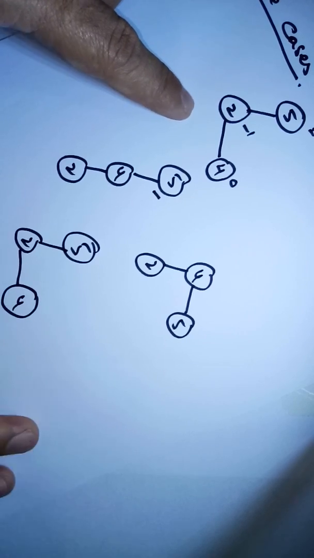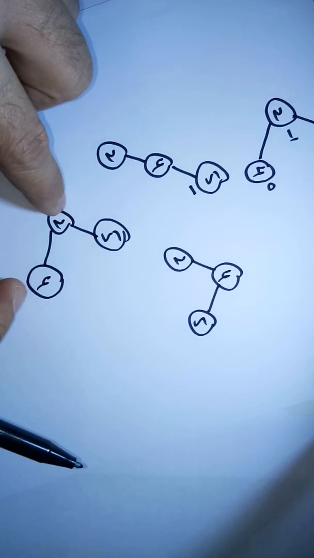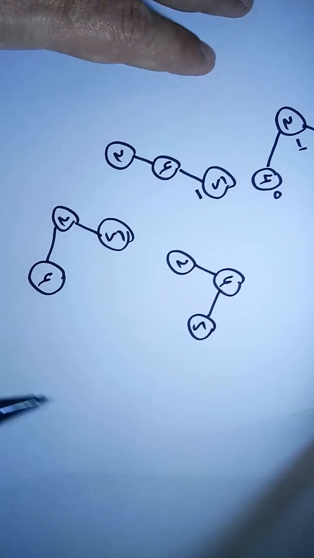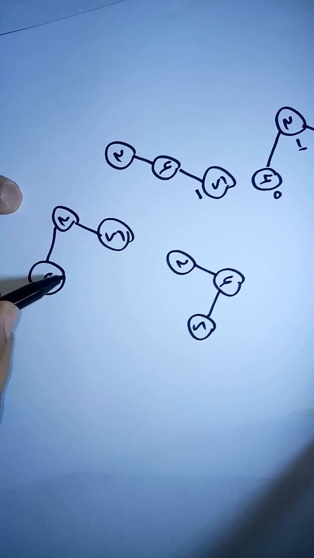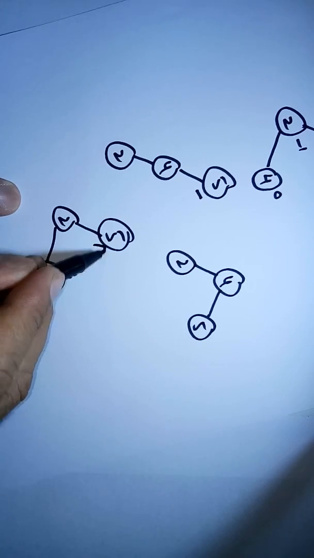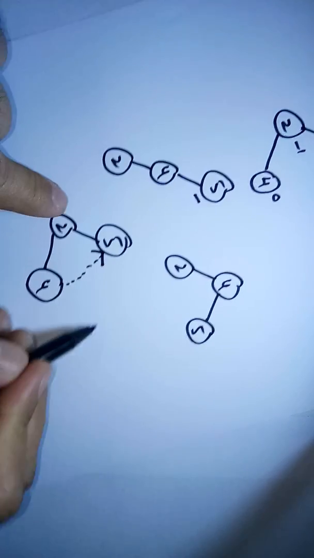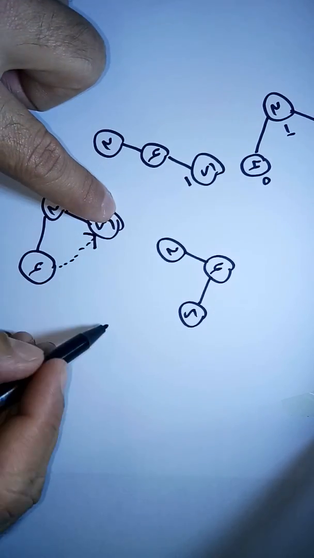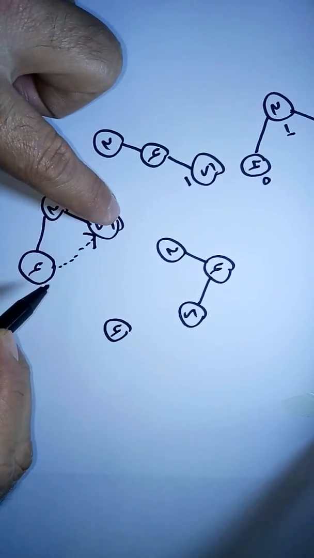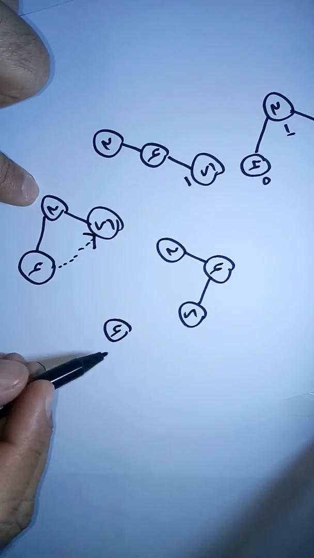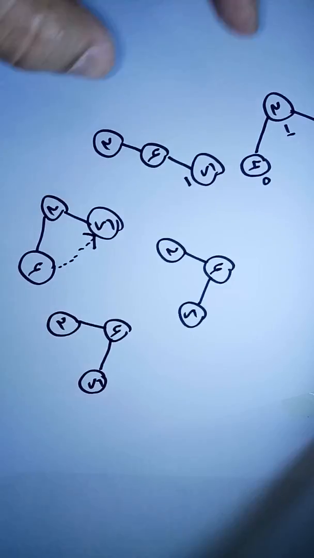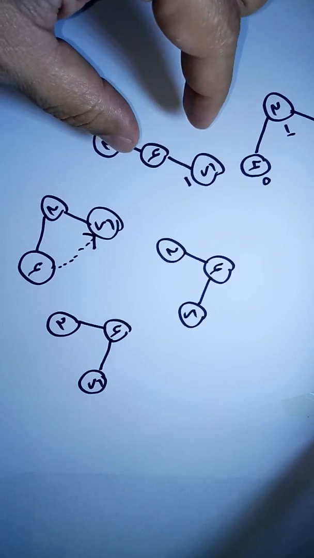If you want to fix this directly, rather than rotating this first and then rotating the whole, what you can do is simply move this 4 here, make 4 the root, and then move this 5 to the right-hand side, and 2 stays in its place. So this solves the problem. This is a direct way to perform this double rotation.